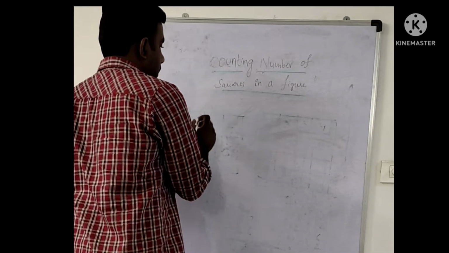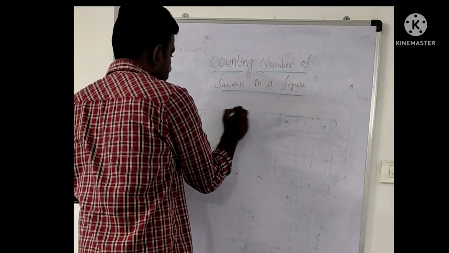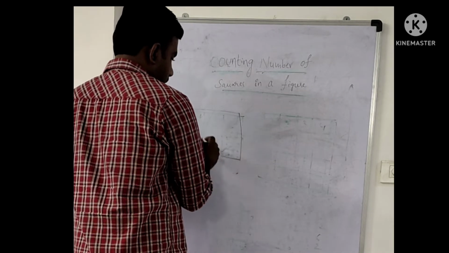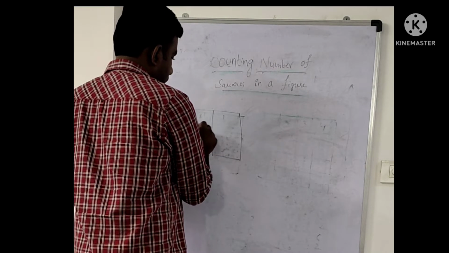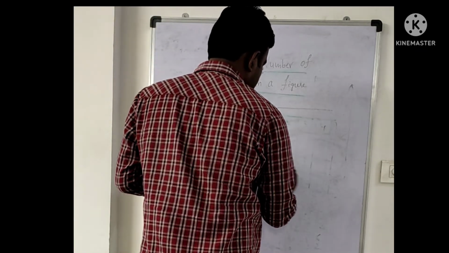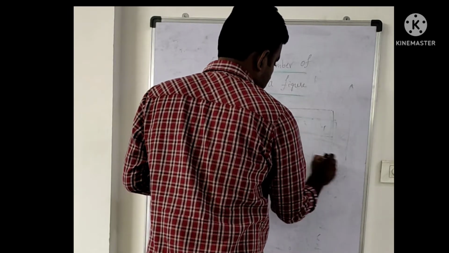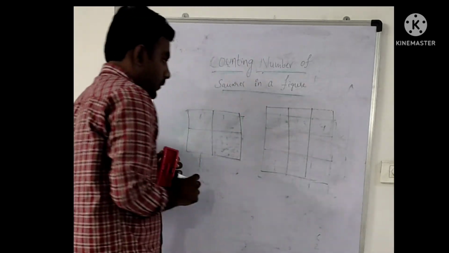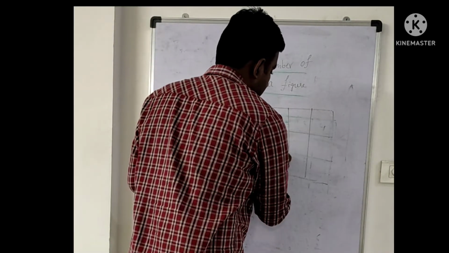Okay. Come to the next one. Here the number of rows and the number of columns are equal.